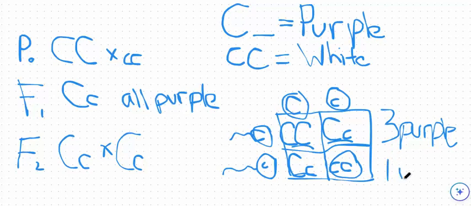So we would expect that out of every 4 offspring produced in this cross, 3 would have purple flowers and 1 would have white flowers. This is the ratio that Gregor Mendel consistently found for phenotypes in his monohybrid crosses for many different traits in peas. So this is an example of how you would use a Punnett square to solve a monohybrid cross.